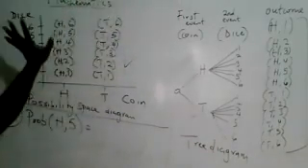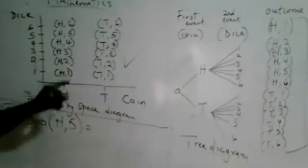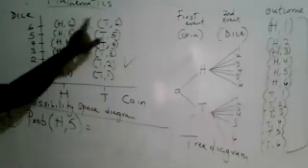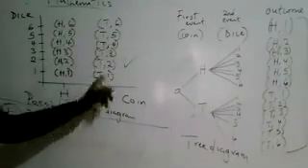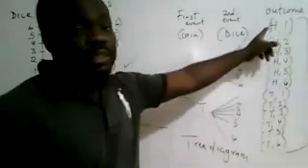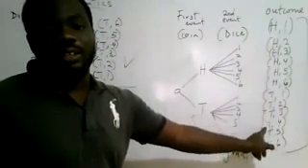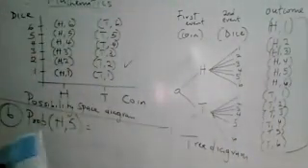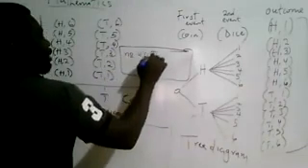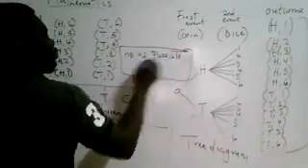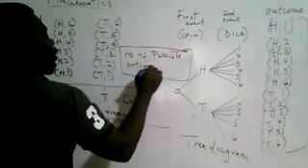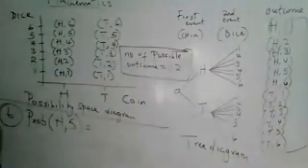Now if you look at it, what's your number of possible outcomes? 1, 2, 3, 4, 5, 6, 7, 8, 9, 10, 11, 12. 12. If you come here to the same thing, 1 to 12. So that means your number of possible outcomes is equal to 12.